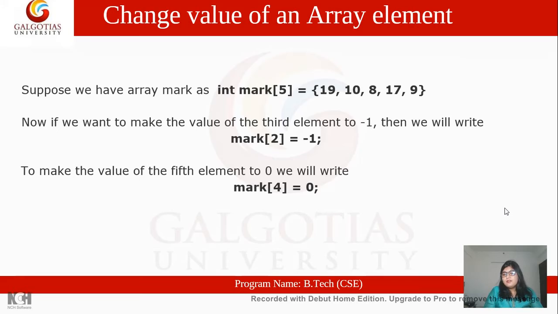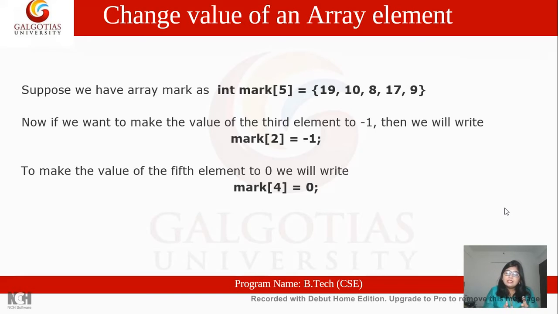So if my logic says that I wish to change the value of the third element to -1, then we write a simple statement: the name of the array, inside the square braces you provide the index value, that is, at what location you want to make changes, and with the assignment operator which is equal to, we simply write the value, which is -1 in this case.